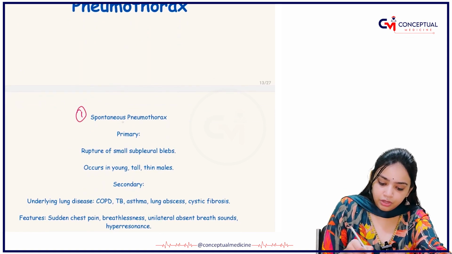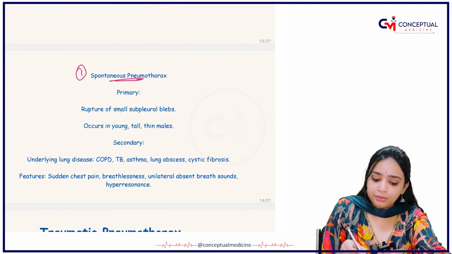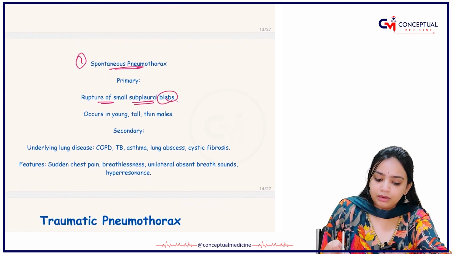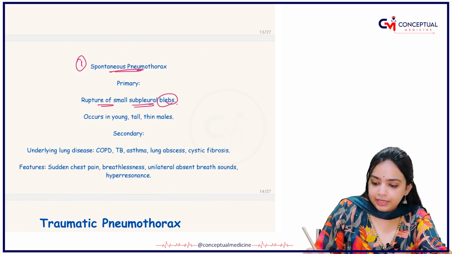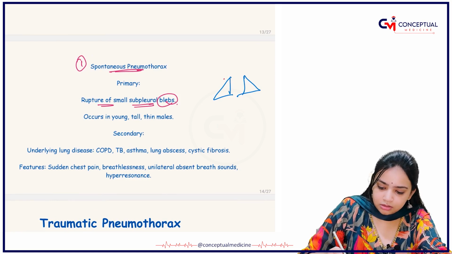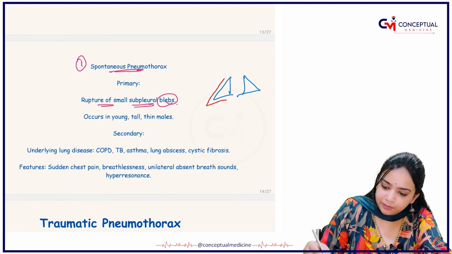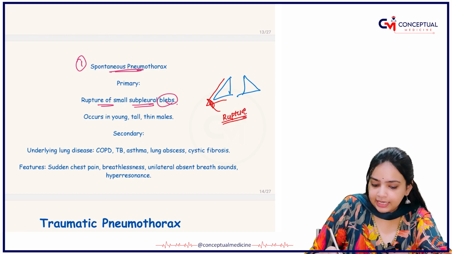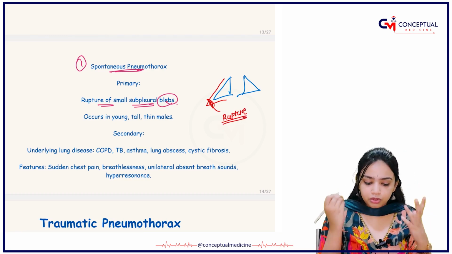The first one is your spontaneous pneumothorax. What happens is there is rupture of small subpleural blebs. Okay. Like lungs, these are your pleura. Now somehow there is a rupture that has taken place in your pneumothorax.